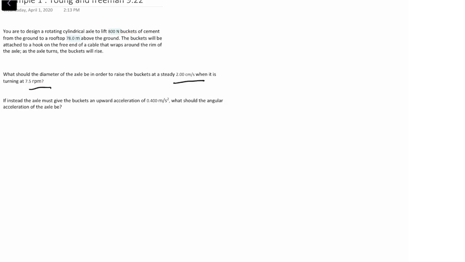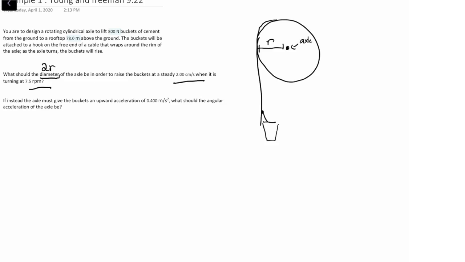Okay? So what you should do in this case is draw a diagram. We have some cylindrical axle with some radius r. It's asking for the diameter, so this will be 2r. And we're lifting some buckets.